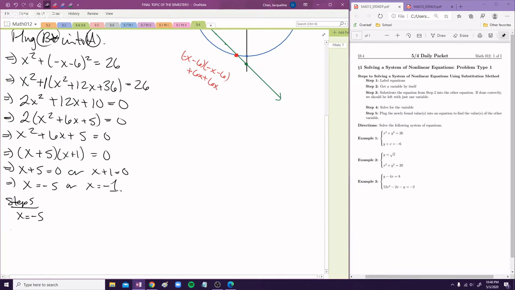When I do that, I get y plus negative 5 is equal to negative 6. Therefore, add 5 to both sides, and y is equal to -1. Right? And then when x is equal to -1, then we'll get y plus -1 is equal to -6. Add 1 to both sides, we get y is equal to -5.